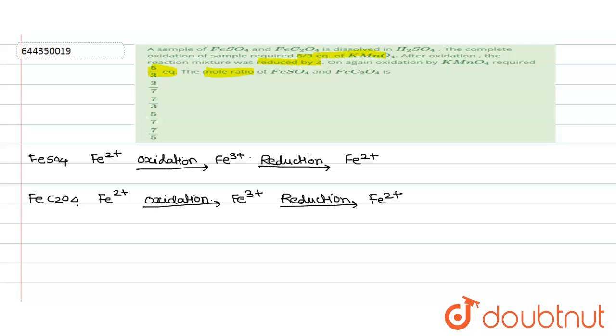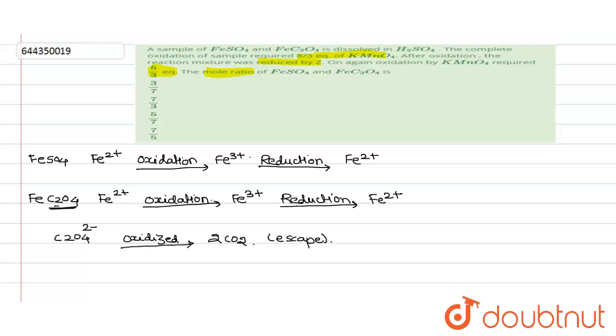Here, C2O4 2- is remaining, and it gets oxidized to CO2. This carbon dioxide escapes from the reaction. Now, we have to find out the mole ratio.